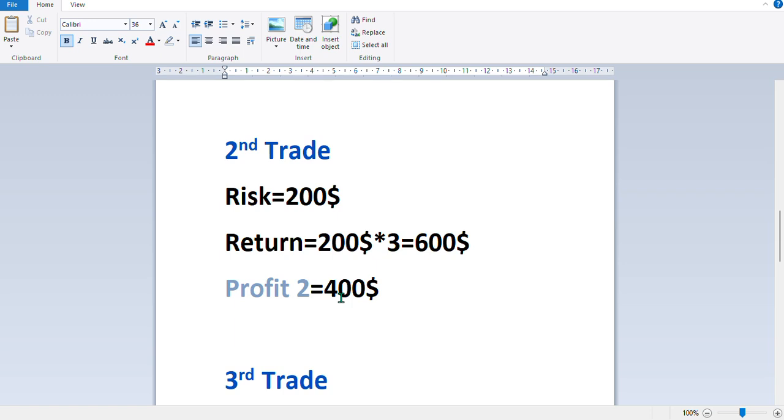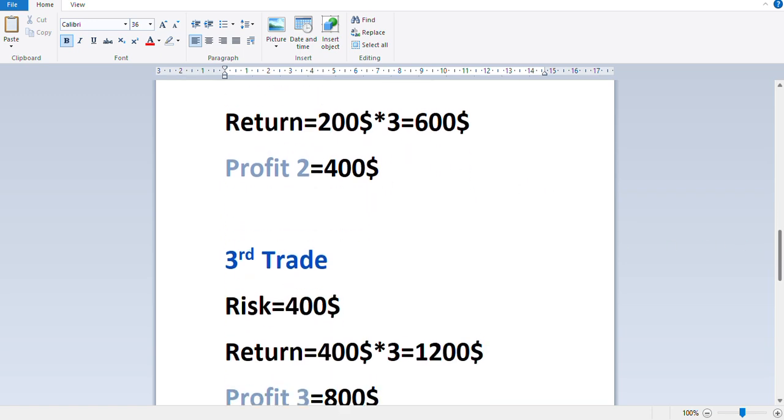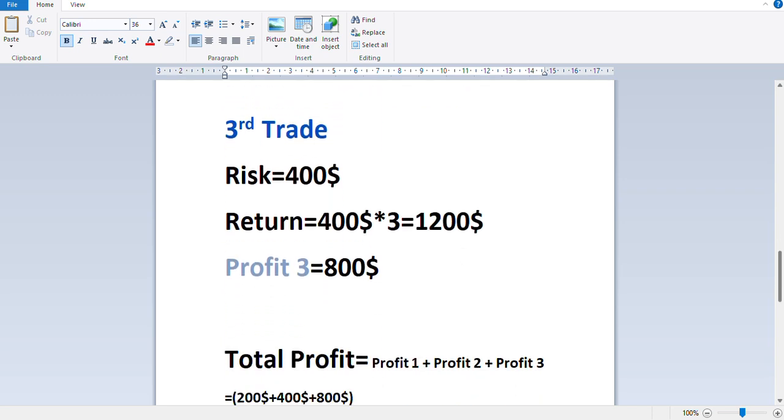Once that happens, we will remain with one more trade to finish our strategy. Remember that our strategy tells us to only do 3 trades using this formula. On our third trade, we will risk only the profit made on our second trade.